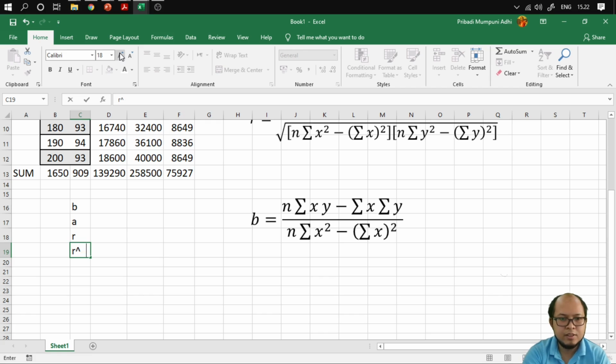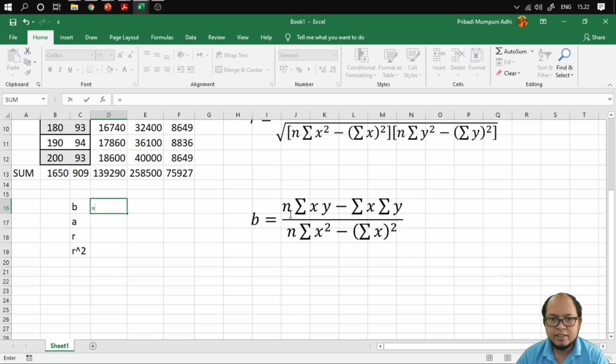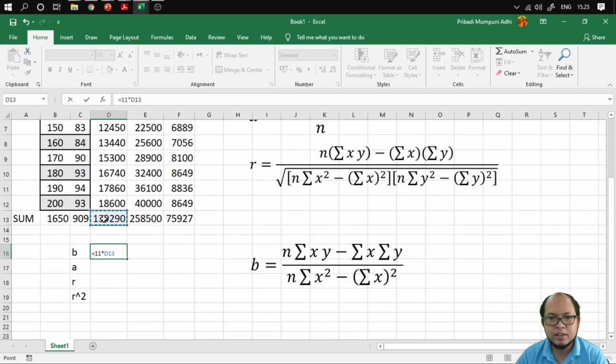The b is n sigma xy minus sigma x multiplied by sigma y. So n, it means the total of data is 11. So multiplied by sigma xy, this value, and minus sigma x multiplied by sigma y.